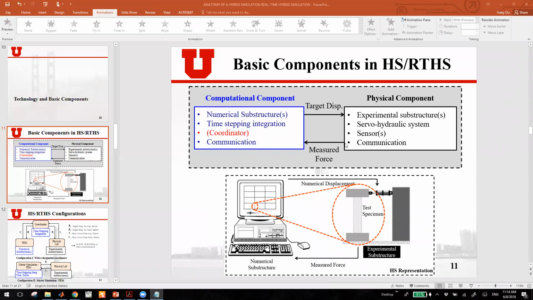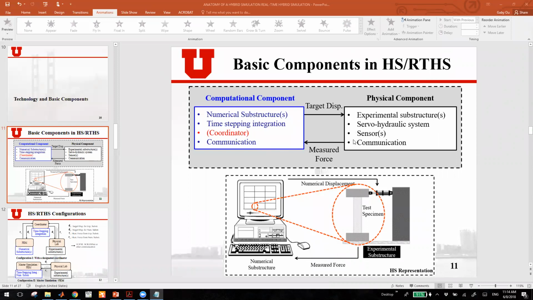This may require some communication hardware, such as a data acquisition board for digital and analog signal conversion, because your computational component is running and providing digital numbers, but your physical component is reading analog, such as voltage, and you need to convert the information between analog and digital signals to allow the communication.